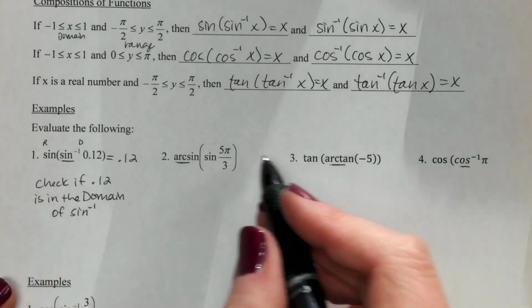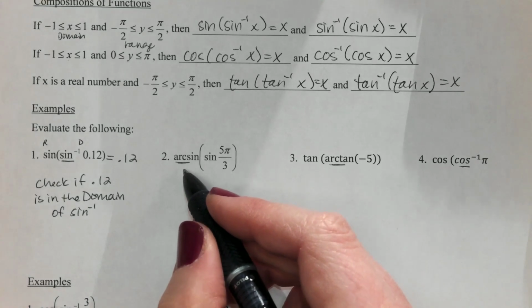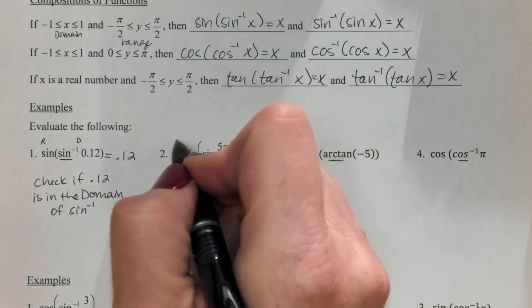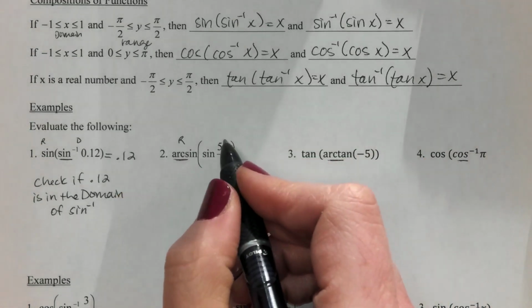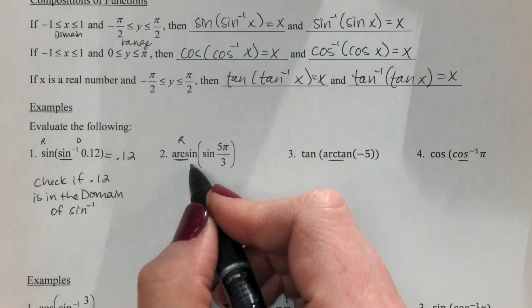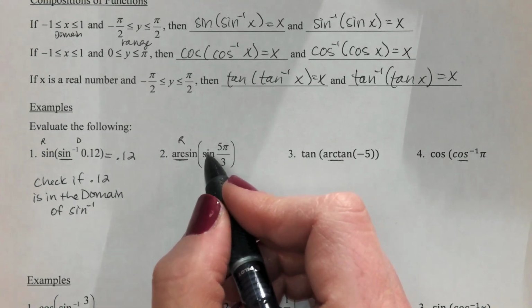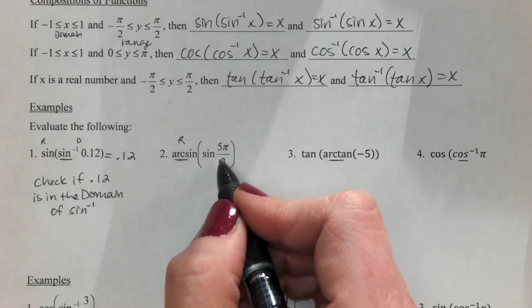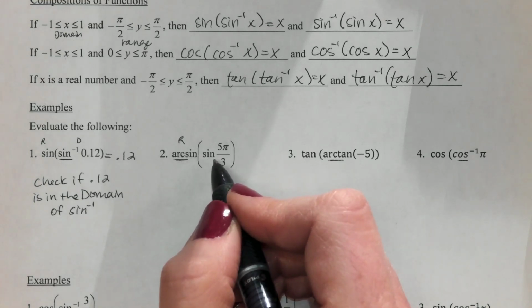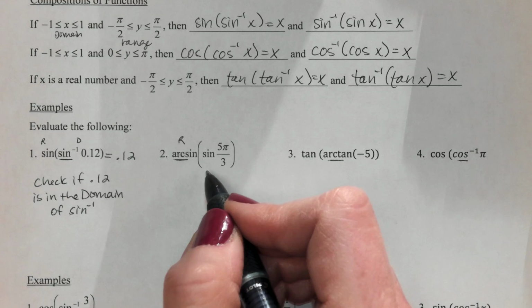Number 2, I'm going to keep going. I have the arc sine on the outside, so I'm looking for the range on this one. So we're checking to make sure that 5 pi over 3 is in the range of arc sine. What this is essentially asking is, what is the sine of 5 pi over 3, and then what is the angle that gives you a sine of that? So they are really undoing each other.